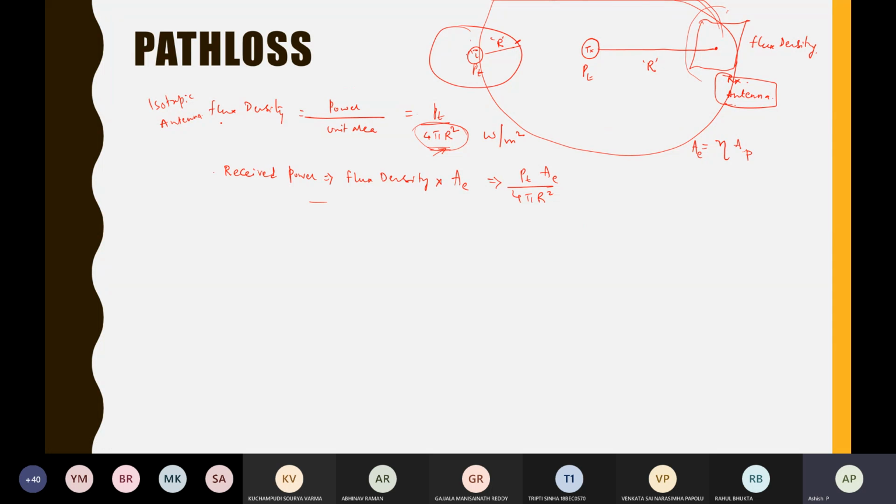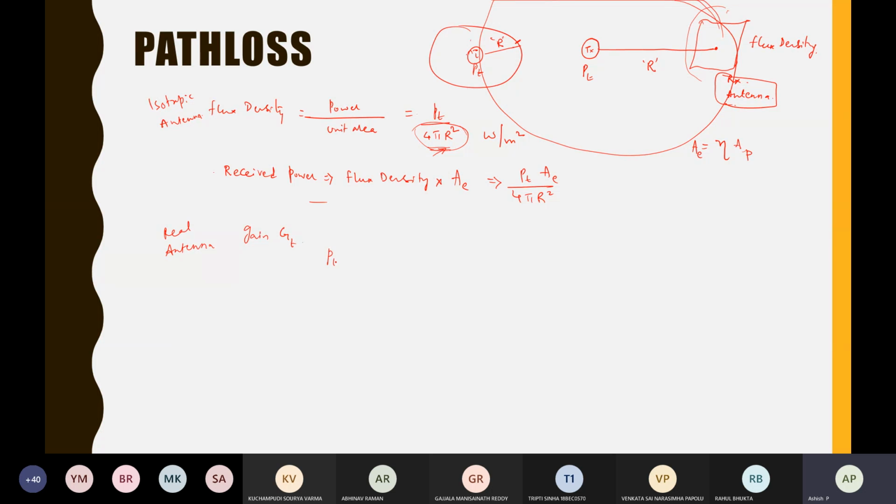This is for the isotropic antenna, which does not have a gain, but if you have a real or non-isotropic antenna, it will have a gain of GT.